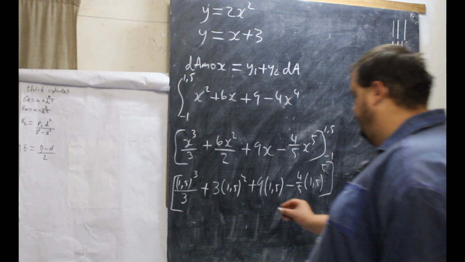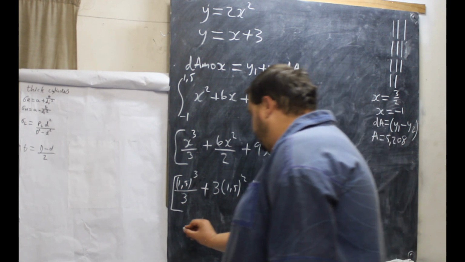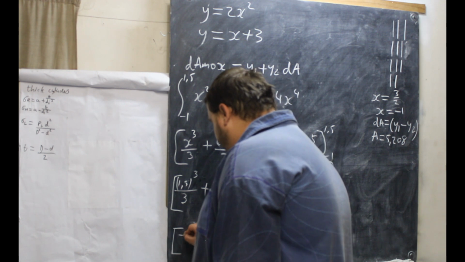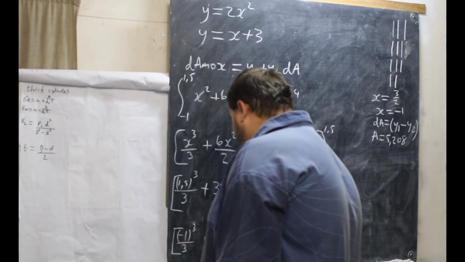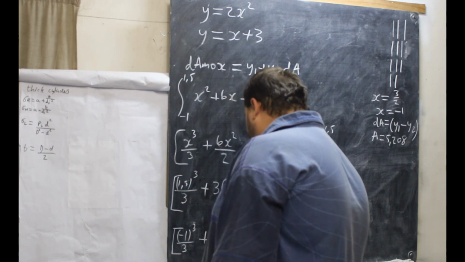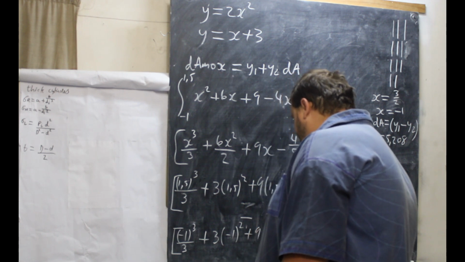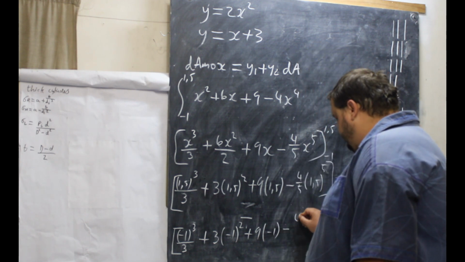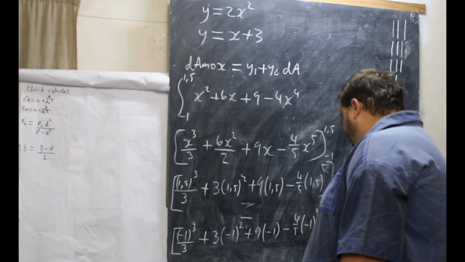Now I'm going to do this minus here, and then at the bottom I'm going to put minus 1 cubed over 3 plus 3 times minus 1 squared plus 9 times minus 1 minus 4 over 5 times minus 1 to the 5th.